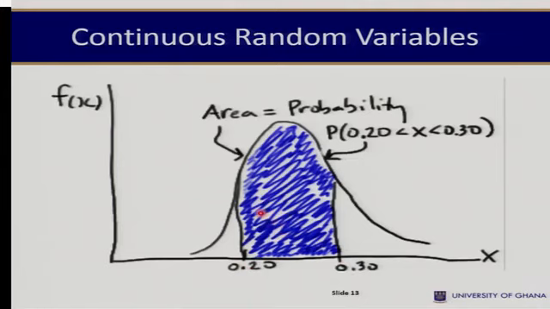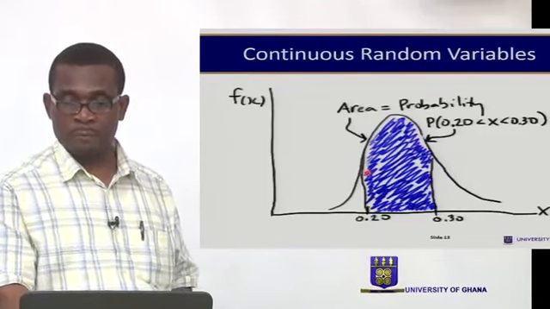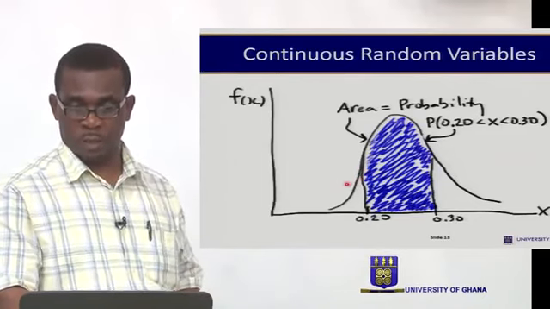And what it tells us is that it gives us the percentage or the proportion of hamburgers that weigh between 0.20 and 0.30. Another way to say that is it gives us the probability that the hamburger weighs between 0.20 and 0.30, and it is the shaded area. This is very important, and as I indicated, this curve is called the probability curve or the probability density function. And the total area under this curve or any probability density function is 1.